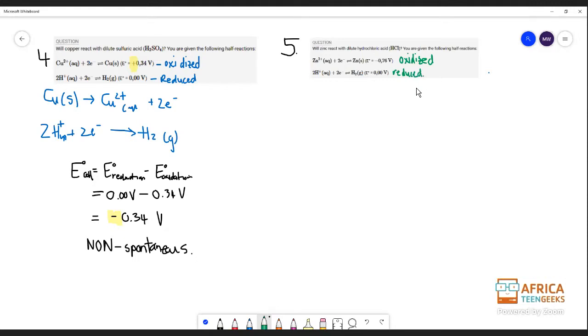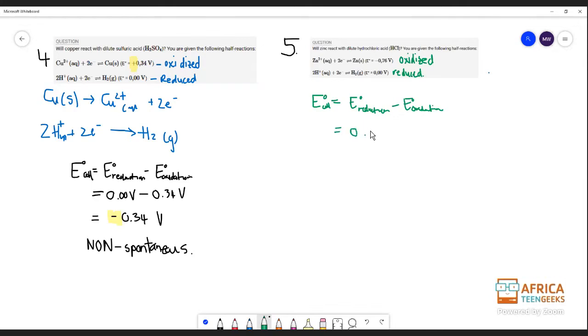Okay, and when a metal and an acid normally come together, they should in theory give you this hydrogen gas, but only if the metal is reactive enough. So what we're going to do is we're going to say E cell is equal to E reduction minus E oxidation. And you can plug that in there.